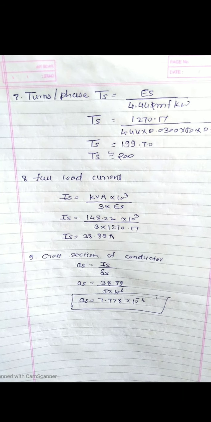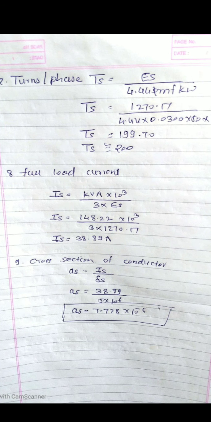After that we calculate turns per phase, TS is equal to ES divided by 4.44 phi max F kW.